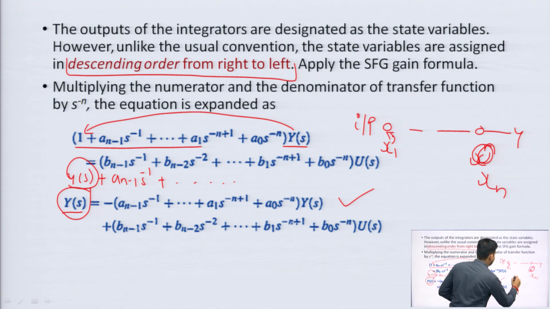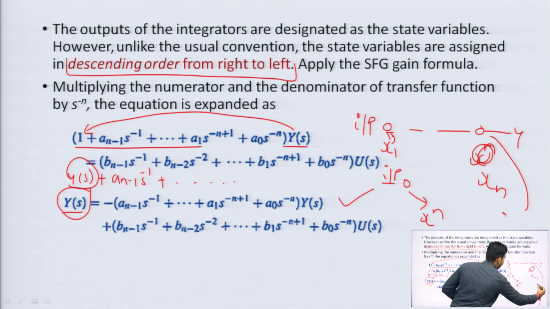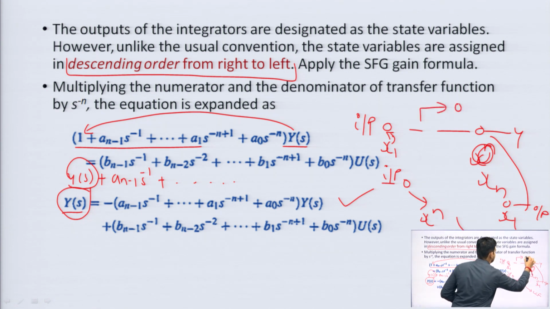In the CCF we keep the highest power near the input and the lowest power of state variable near the output. That is what happened in CCF, and this change will come in OCF.